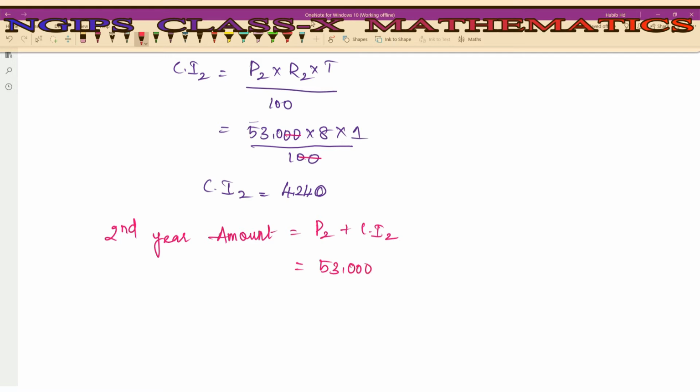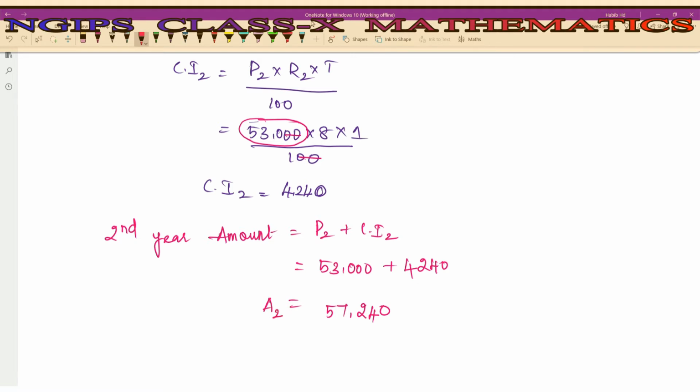Look at this, we have 53,000 plus 4,240. If you add, 0 plus 0 is 0, 0 plus 4 is 4, 0 plus 2 is 2, and 4 plus 3 is 7, then 5. So 57,240 rupees. So this is the second year amount.